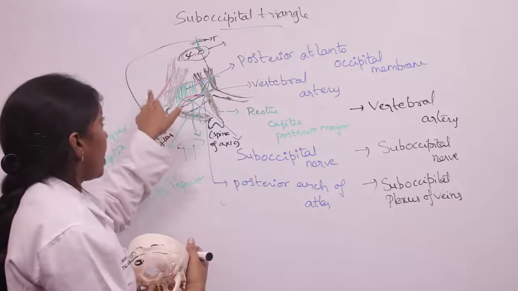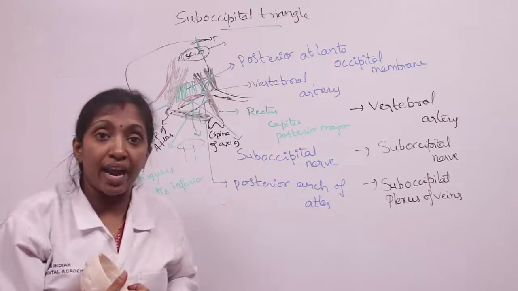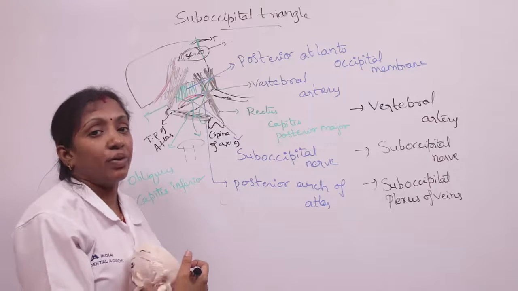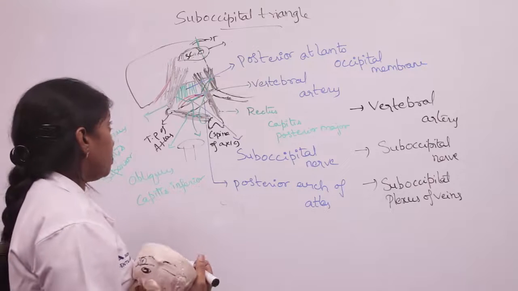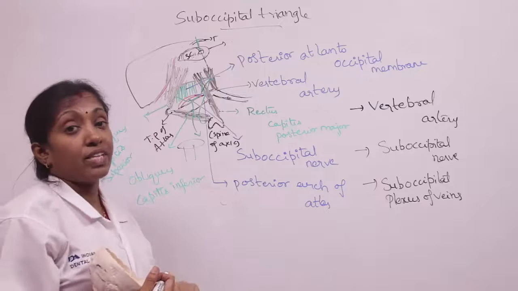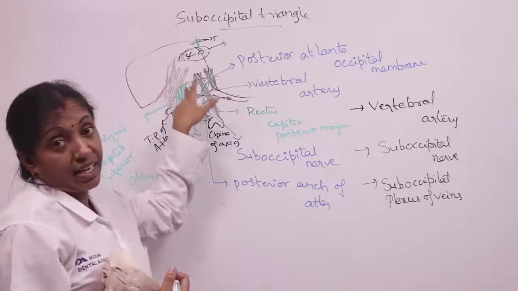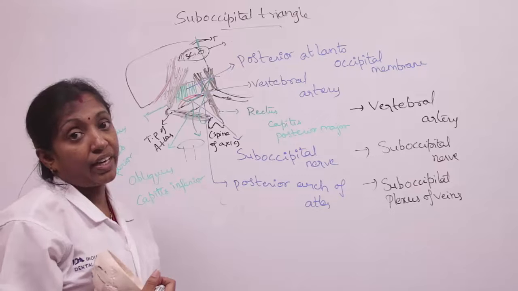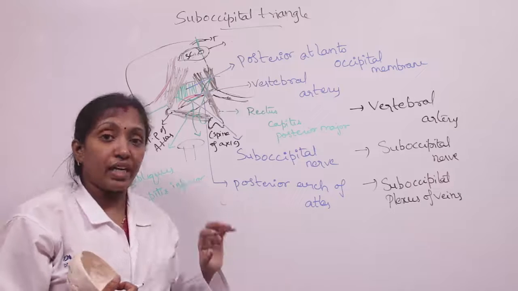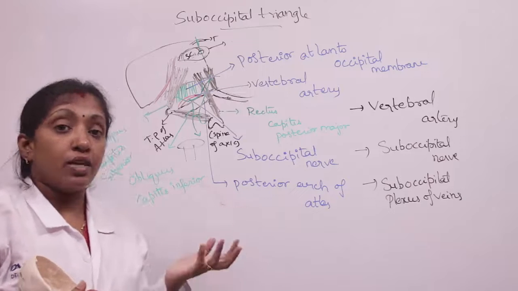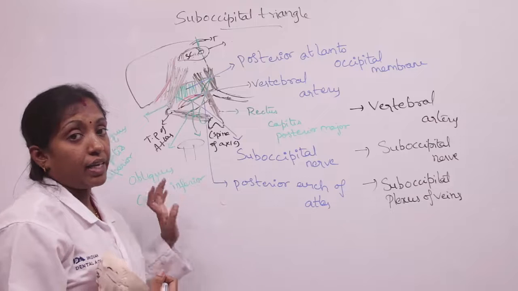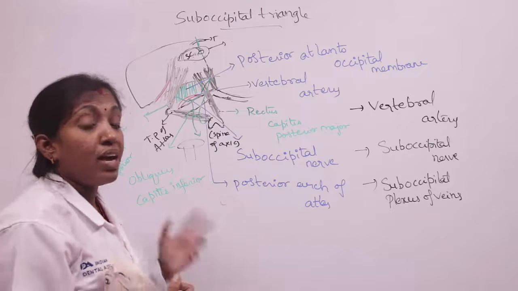The superolateral part of the roof is occupied by the occipital artery, which is a branch of the external carotid artery, and it supplies the posterior part of the scalp, but it also supplies the muscles here in the suboccipital triangle, where it is divided into superficial and deep. The superficial branch anastomoses with the superficial branch of the transverse cervical artery, and the deep branch anastomoses with a branch from the costocervical trunk.